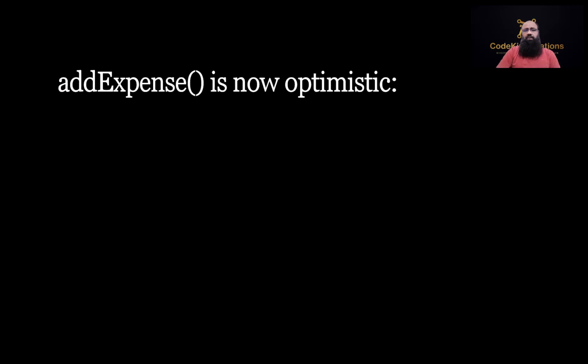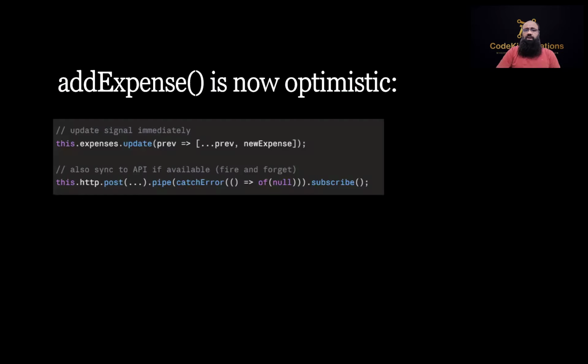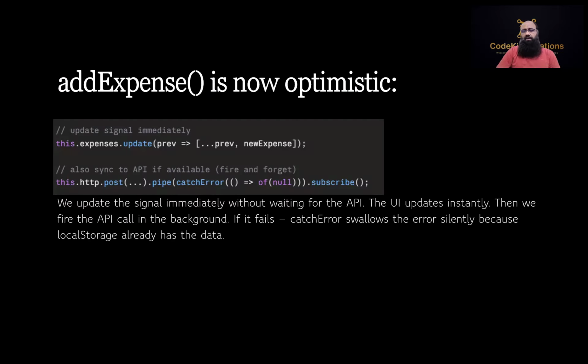And one more thing: within the add expense, we are using more of an optimistic approach. What does it mean? We update the signal immediately, without waiting for the API call. So you can see the signals are getting updated and the API call is awaited.